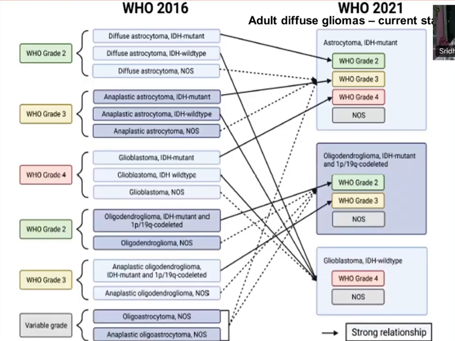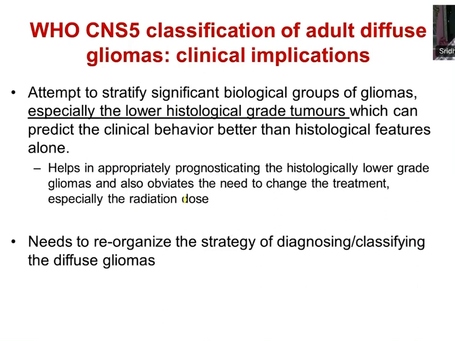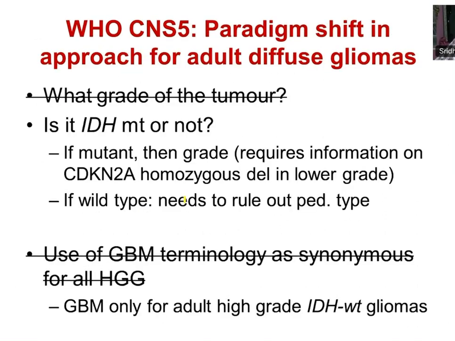We'll skip this slide, whatever was there in 2016, now it is 2021, and I can circulate these slides for you in the interest of time. I'll skip that slide just to give an approach to all your tumors. First, for any diffuse glioma, you need to ask: is it IDH mutant or not?